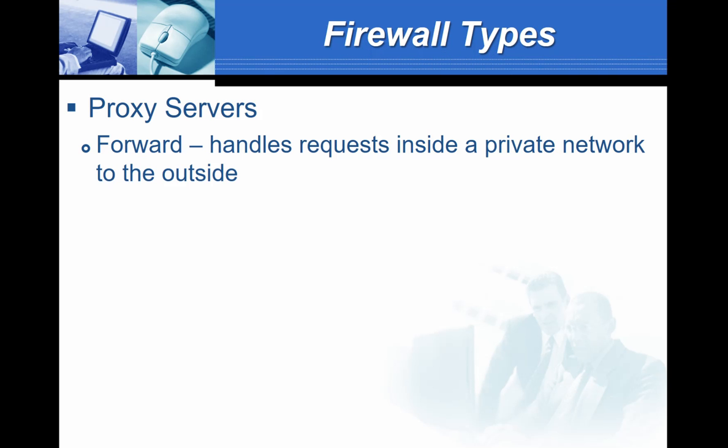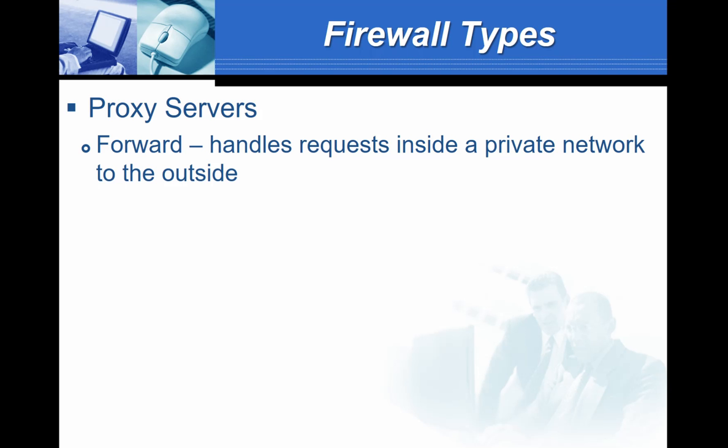Proxy servers. A simple definition is it sits between a network and an end user. For example, you may have a network of computers over here that need to access information on another part of the internet. The proxy server is going to sit between the internet and the clients. All the requests going to the internet from these clients are going to be intercepted by the proxy server.